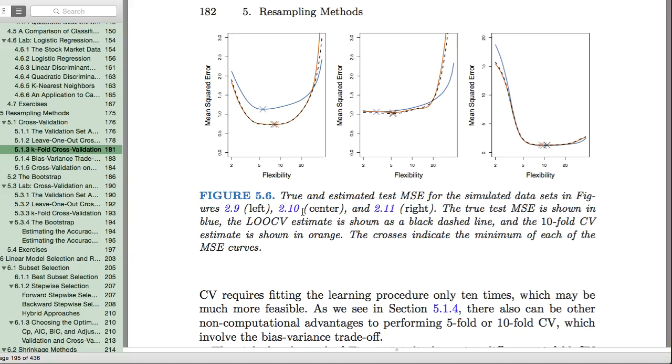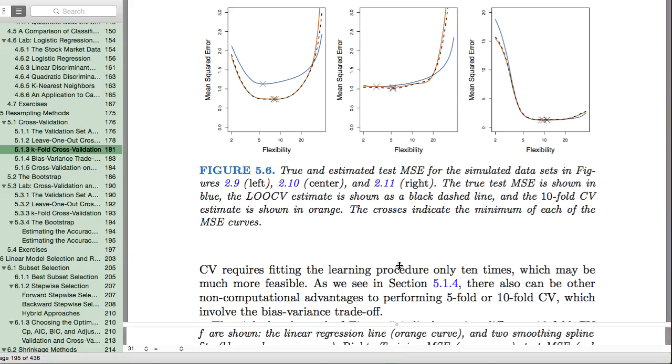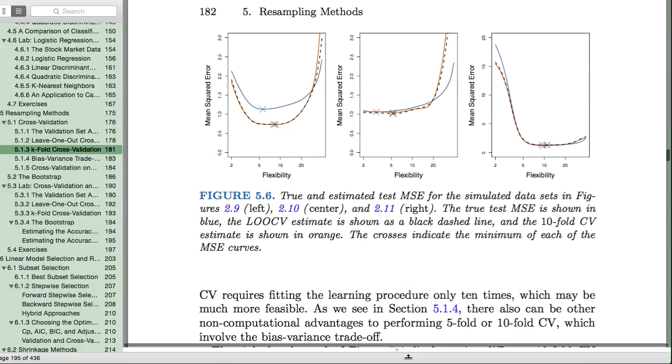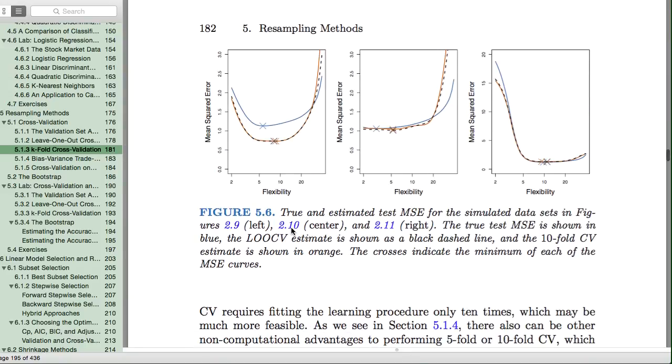This is the picture that I just showed you, by the way. This is for the data from Chapter 2, which we mentioned in Chapter 2 we would revisit later, and now we're revisiting it. That was a smooth spline model, and we wanted to know how flexible we should make it, because we knew we were going to have this kind of potential situation.